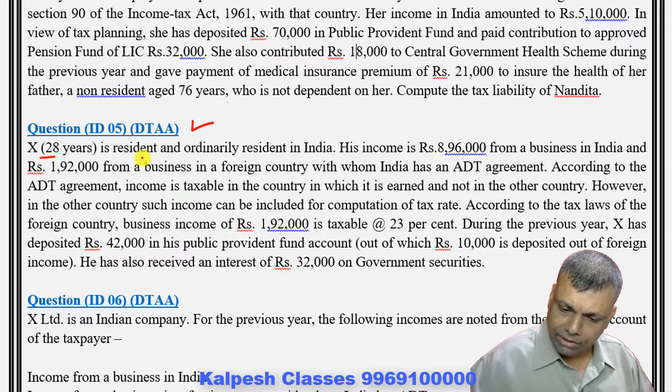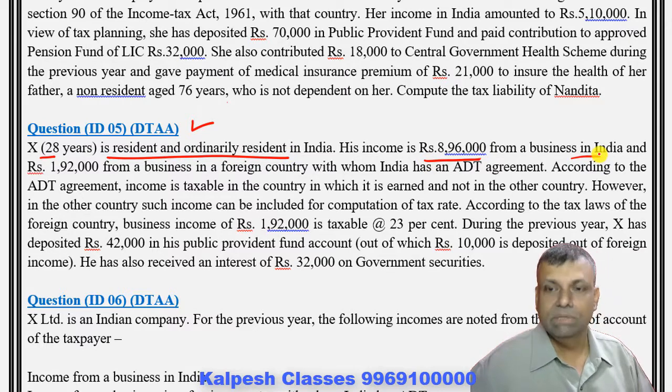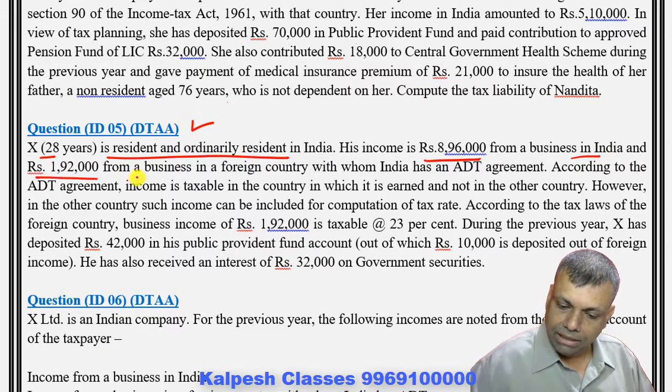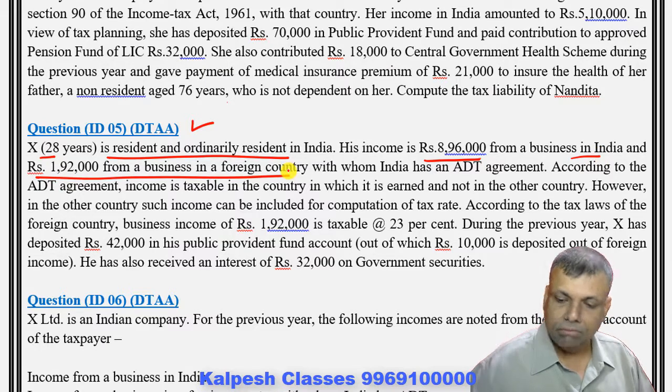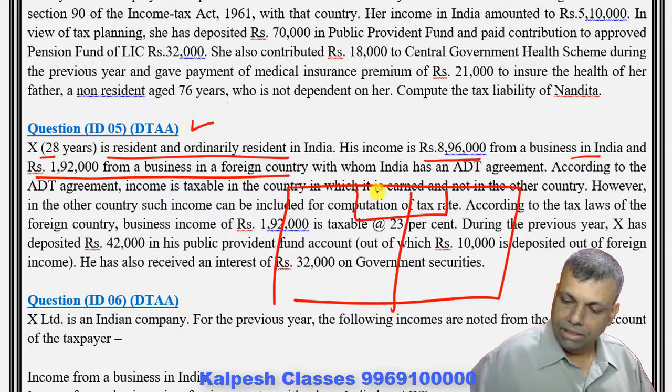See, X is 28 years, resident and ordinarily resident. His income is 8,96,000 from business in India. So Indian income is 8,96,000 and 1,92,000 is from a business in the foreign country. So naturally, the foreign country income is 1,92,000.